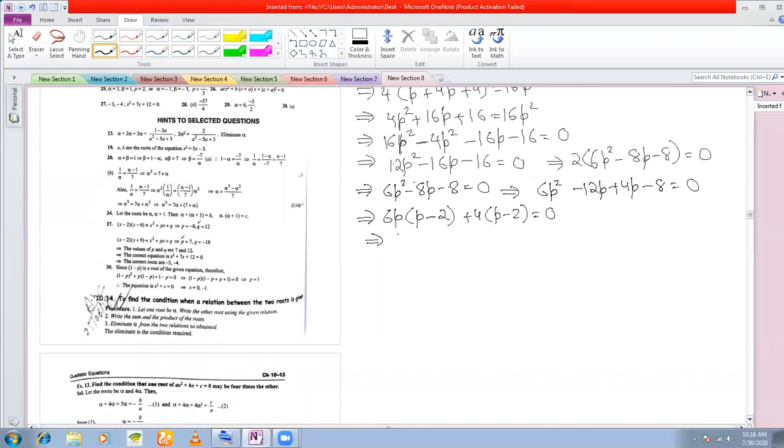That means (p minus 2) into (6p plus 4) equal to 0. So either p is equal to 2 or p is equal to minus 2/3.